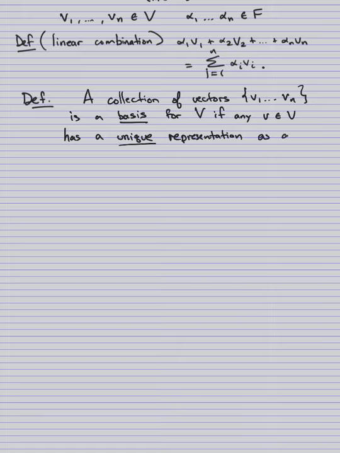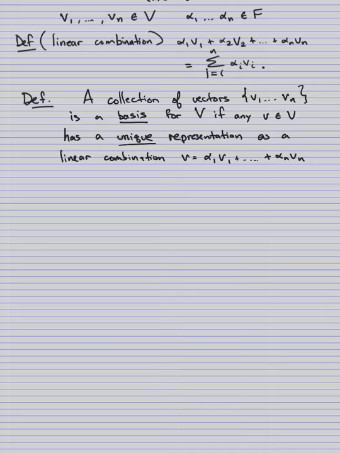So v is alpha 1 v1 plus ... plus alpha n vn.